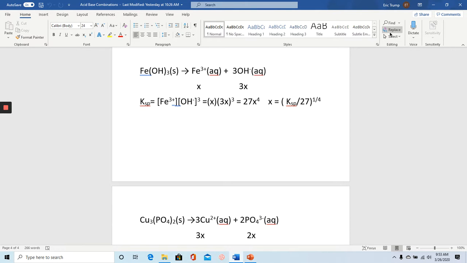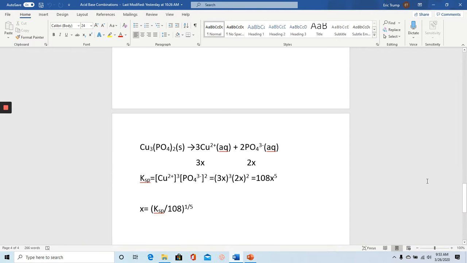This would work the same way if we had a 3-to-1 ratio for our compound. Okay, what about a 2-to-3 ratio, such as copper 2 phosphate? Okay, when this dissociates, we get 3 copper 2 ions and 2 phosphate ions.